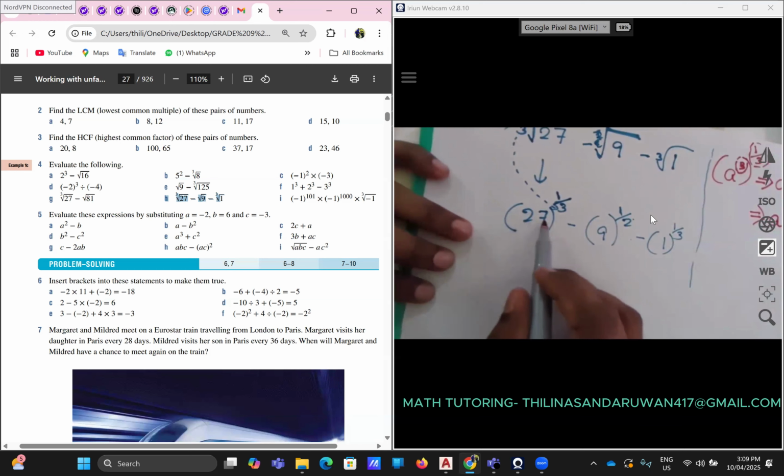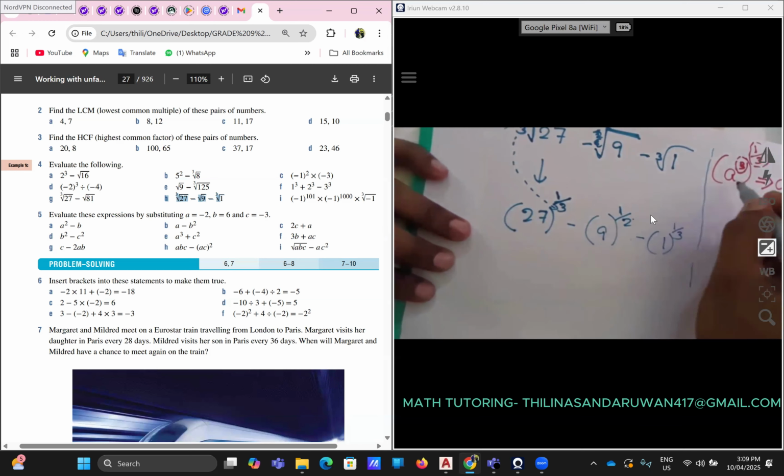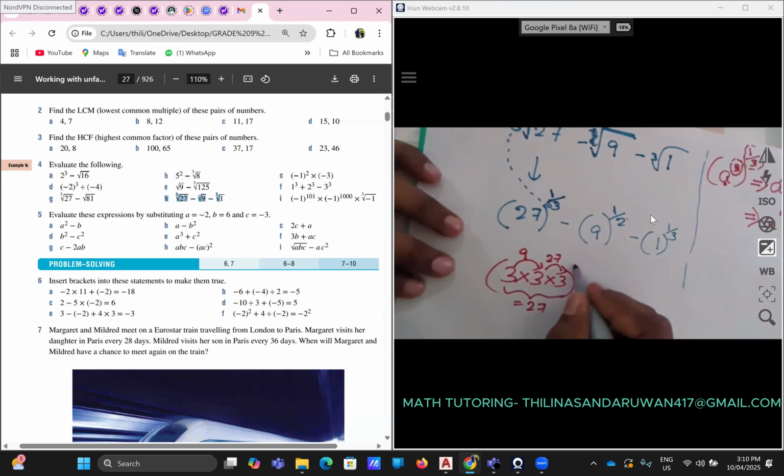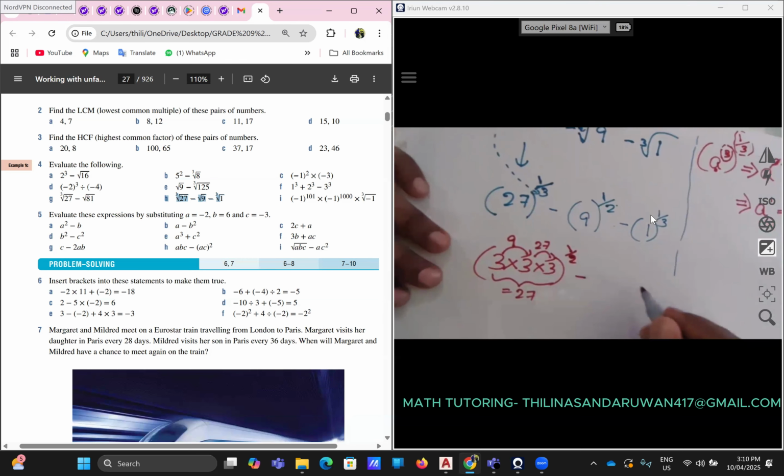Then I'm trying to make this 27 like this one, right? If I do that, 3 multiplied by 3 multiplied by 3 means 27, right? 3 by 3 is 9, 9 by 3 is 27, which means this is equal to 27. All right.